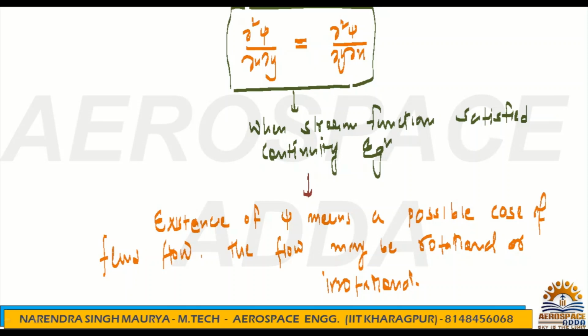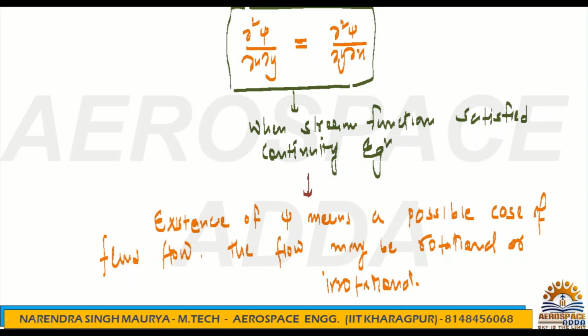Mass is conserved, meaning in a pipe, whatever the inlet is equal to the outlet. That shows it is a continuous flow. Whatever the inlet mass flow is equal to the outlet mass flow, if it is satisfied, it means mass is conserved. That is mass conservation. So anywhere the continuity equation is satisfied, that means there is a possible case of flow.